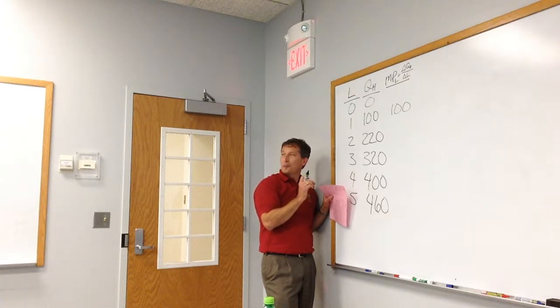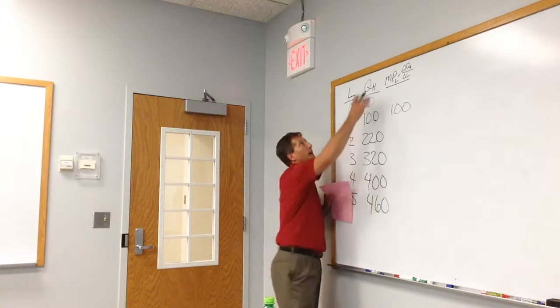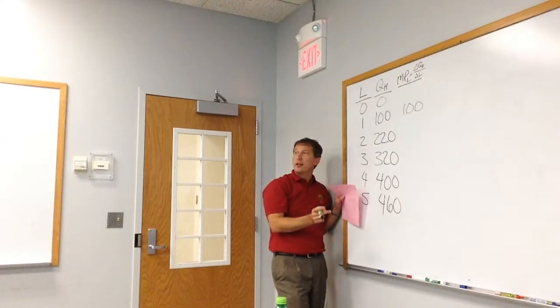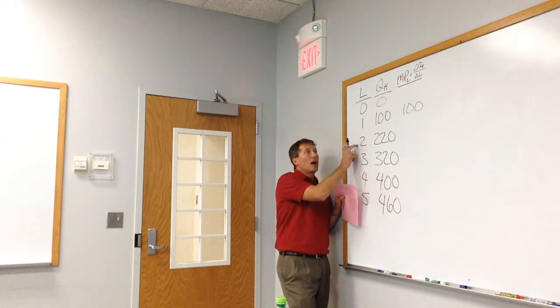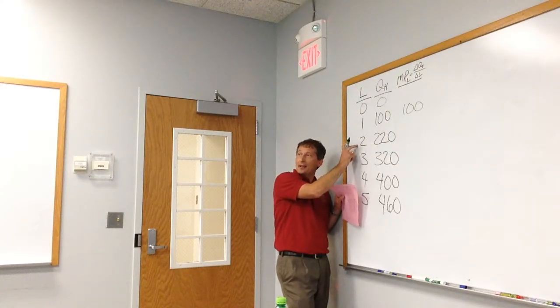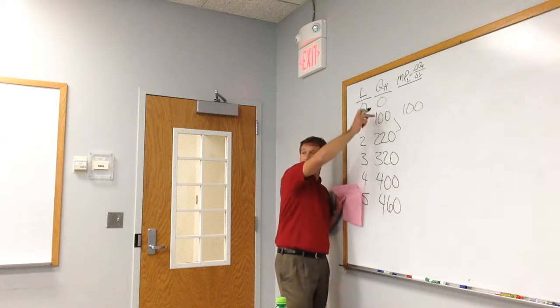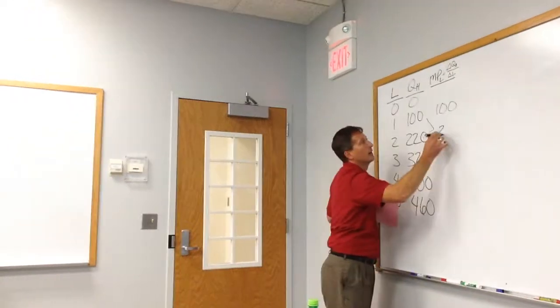Everybody agree with that? Good. I'm glad to see some head shaking. That's right. That's not the right answer. It's the change. So it's the change in hamburgers from where we started. If I'm looking at the product that was added by the second worker, the second worker brought me 120.